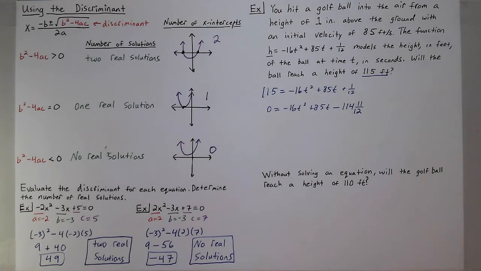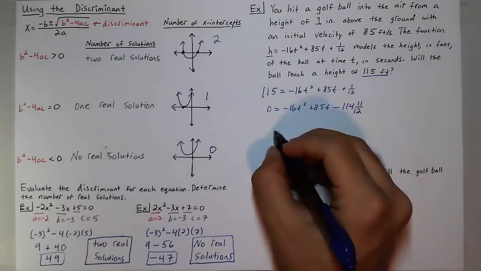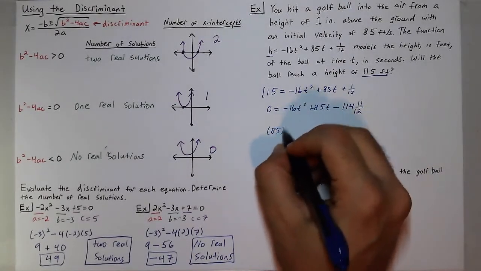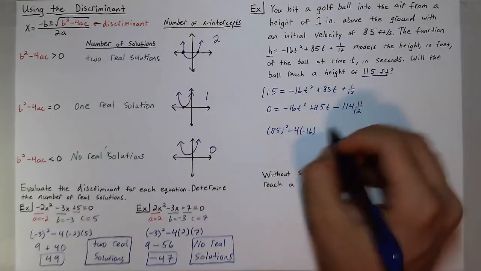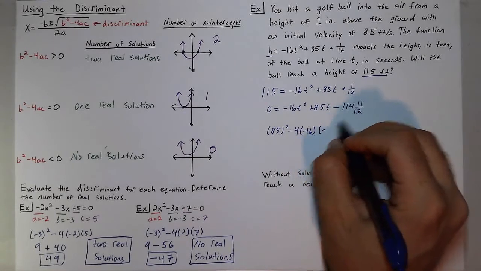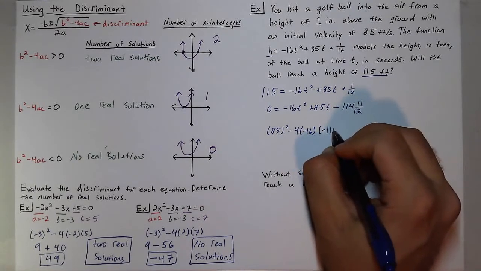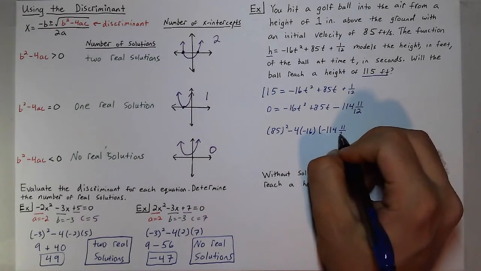So now I want to find the discriminant, which would be b squared, which would be 85 squared, minus 4 times a, which is negative 16, times c, which is negative 114 and 11/12.